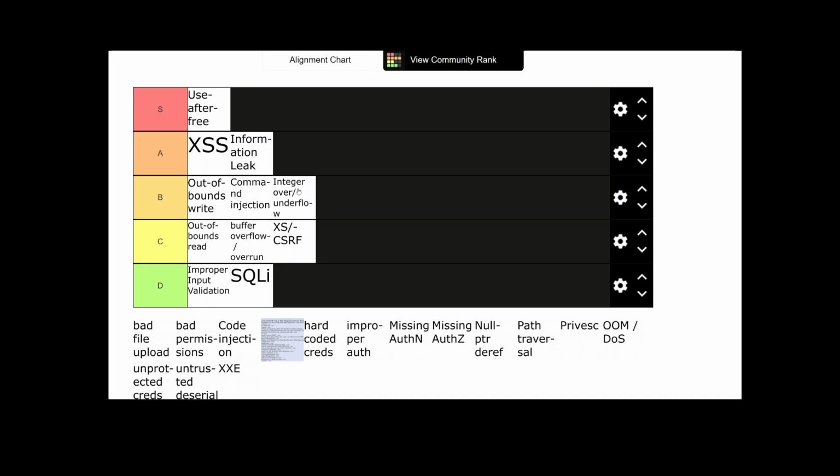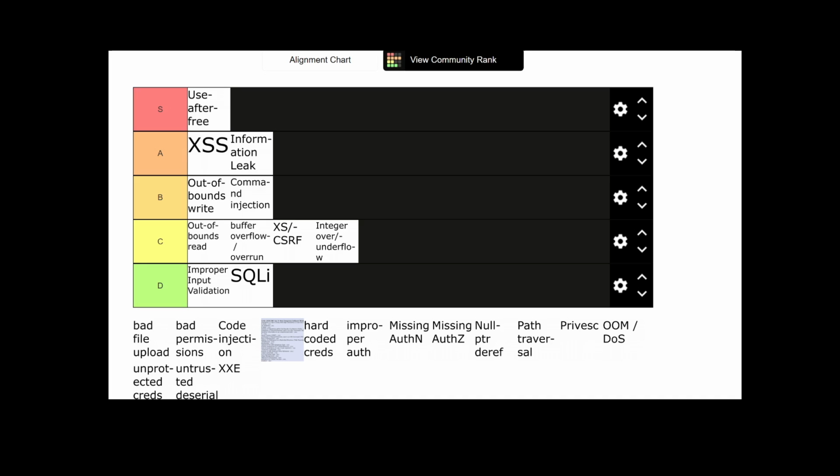And I don't think it's a very exciting kind of vulnerability. So I'm going to put that in the C tier. I'm sure there are some really interesting integer overflow/underflow vulnerability chains, but I'm sure that the integer overflow or underflow is not the most interesting part of that vulnerability chain.